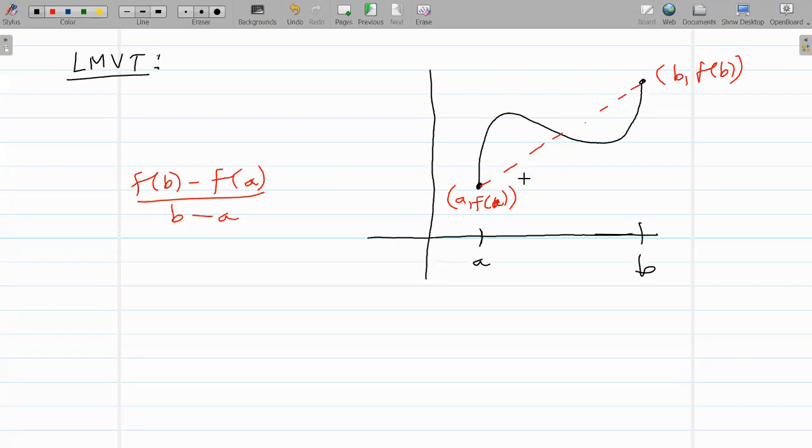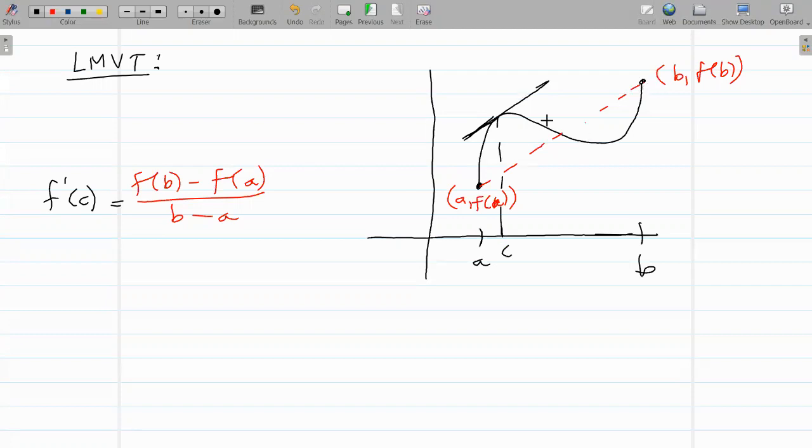And the theorem is saying that you can find some point on the curve such that the tangent to the curve at that point is parallel to this line, and hence the slope is the same. At this point c, if I look at the derivative f'(c), it will be equal to the slope of this line, because both of them have the same slope.